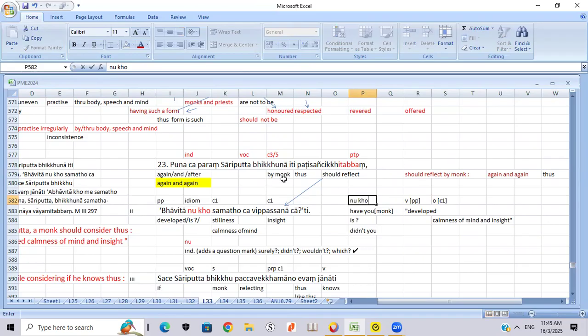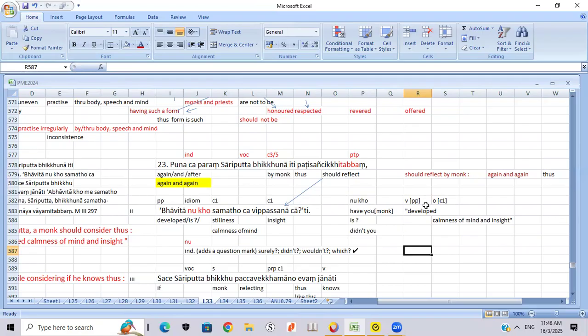Can you see, by a monk? So in there, have you, in this case we are asking, have you, in brackets, that refers to the monk, have you developed. This is a past participle. Have you developed what? The subject becomes the object.